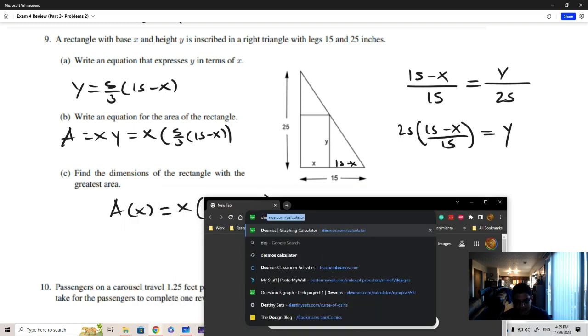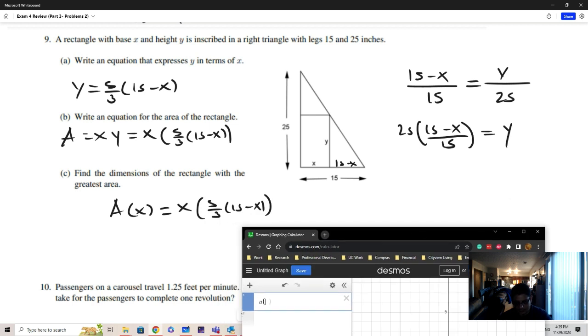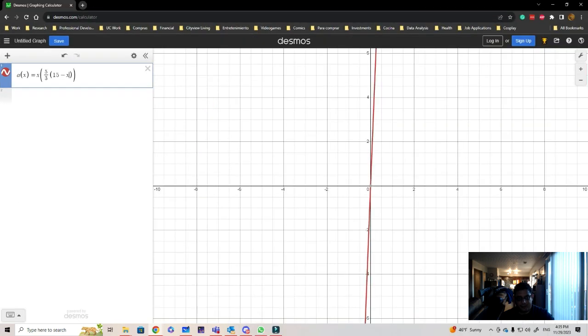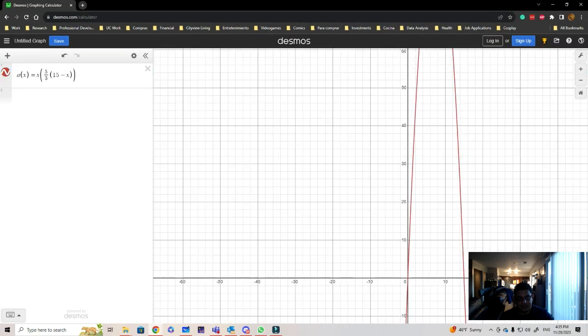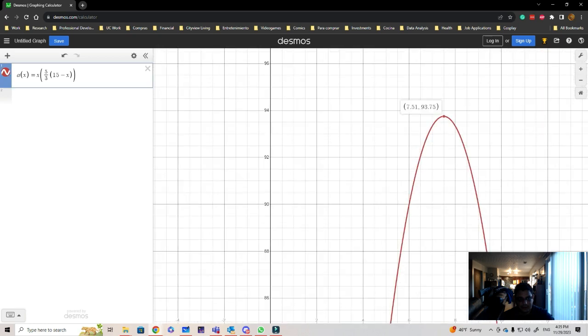Let's do here Desmos calculator to find that point. And so we're going to find A of x equals x times 5 divided by 3, and then 15 minus x. So now we have this one in there. Let's see where the points are getting their maximum. So right here, this point is going to be 7.5, 93.75.